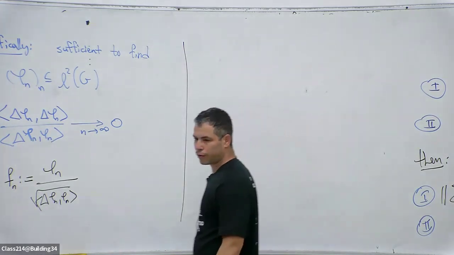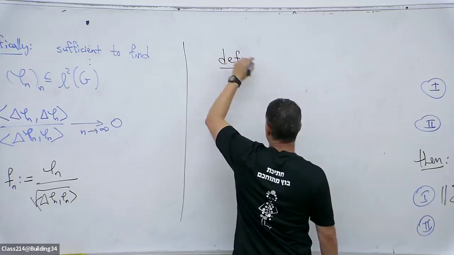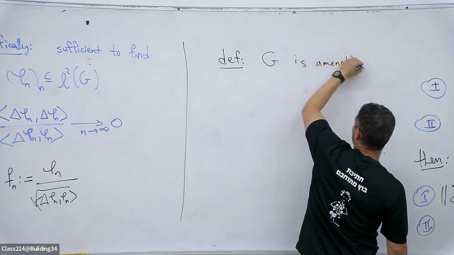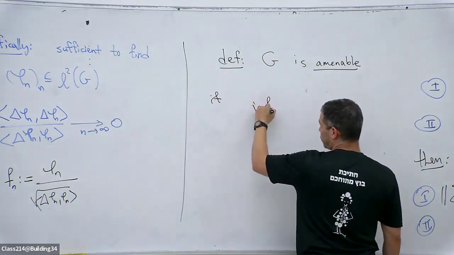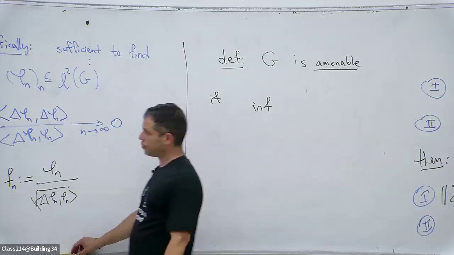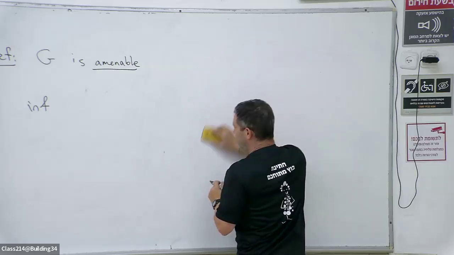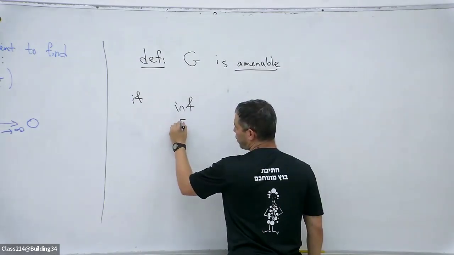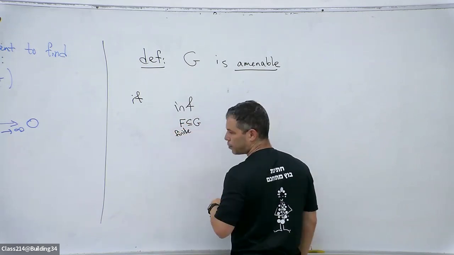So what is an amenable group? Definition. A group G is amenable if the infimum over finite sets in your group of something.